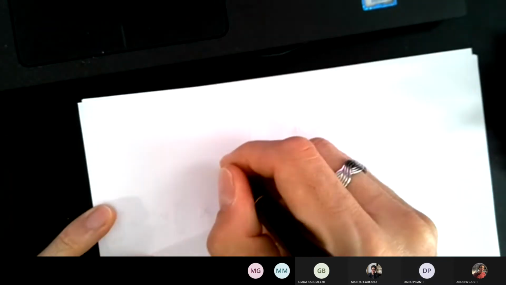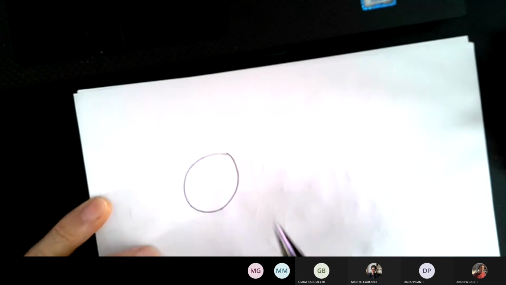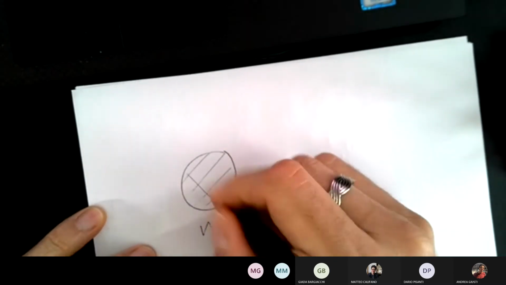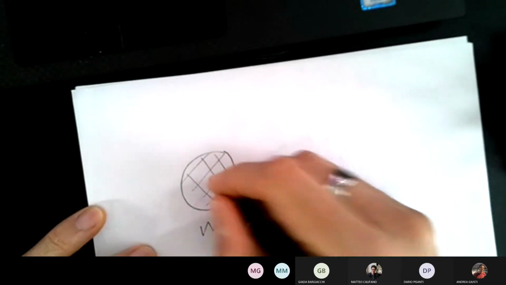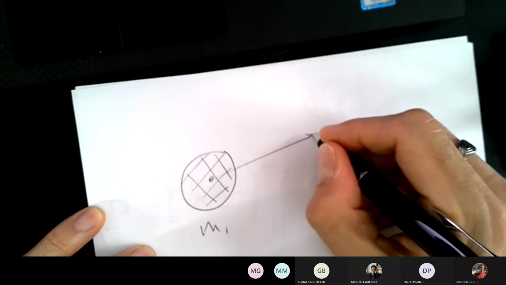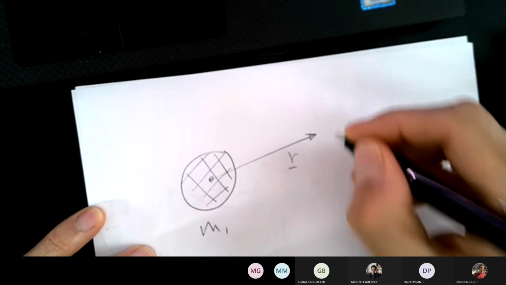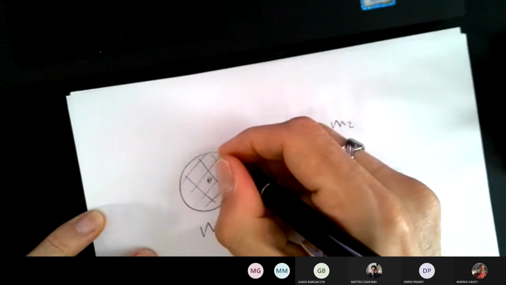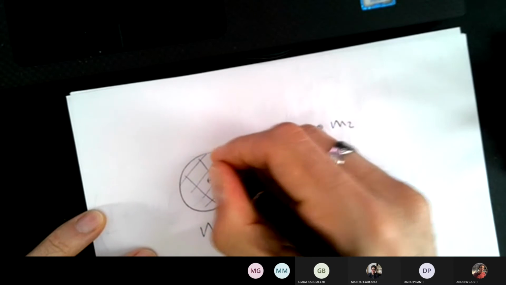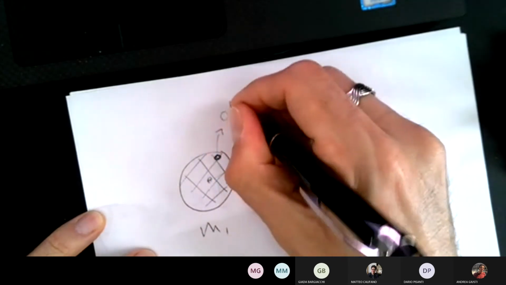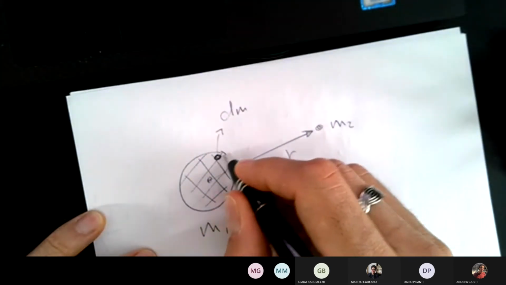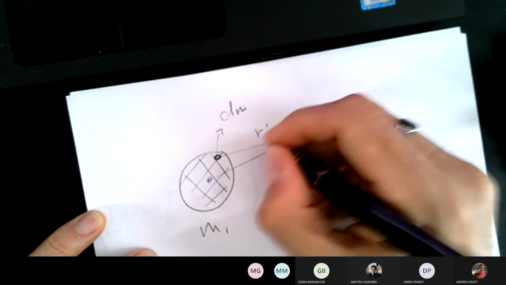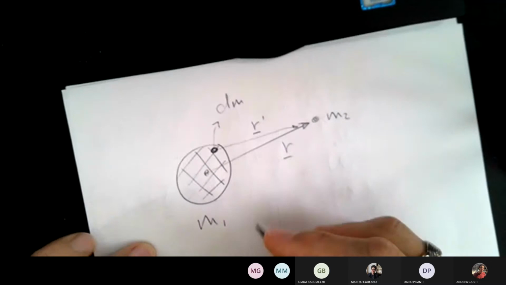So if your mass M1 becomes bigger, but the mass is uniformly distributed on it, and this is your central mass, of course, and this is my position vector R, and here I have my other mass M2. Well, as you can imagine, you can look at infinitesimal point masses dm on M1 and call these R prime and write the same expression that we have there.